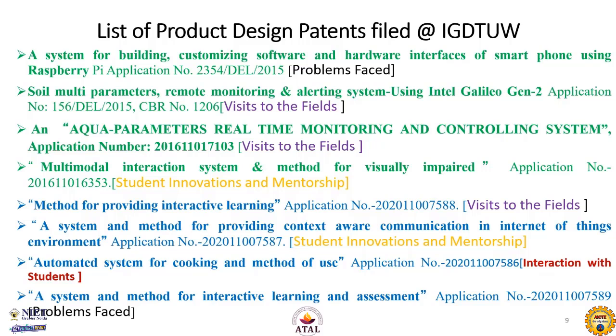Then I thought, why do I need to spend 1 lakh or even more for teaching embedded systems with 1 unit? Why can't I use my mobile phone itself to teach the embedded systems course? That was my problem. And all the time I was teaching through simulations and I was not happy.